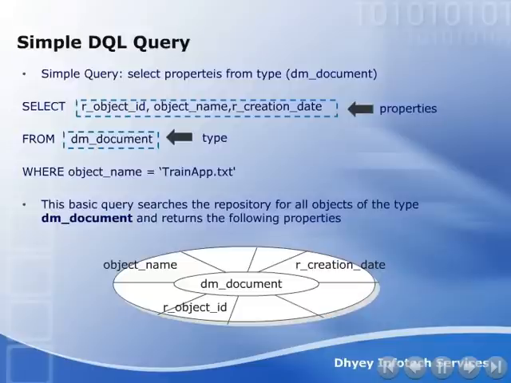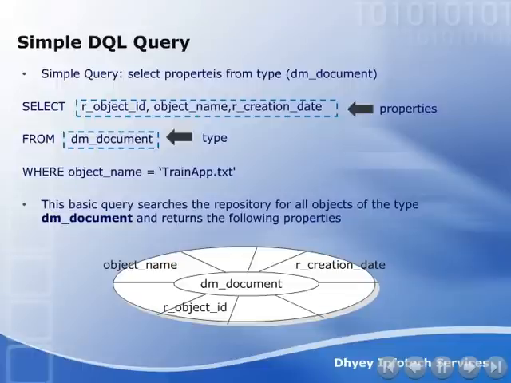We can see here a simple DQL query using the select statement. Select r_object_id, object_name, r_creation_date from dm_document where object_name equal to train app.txt.